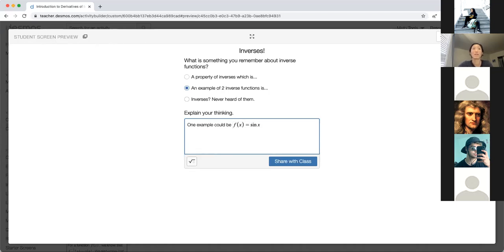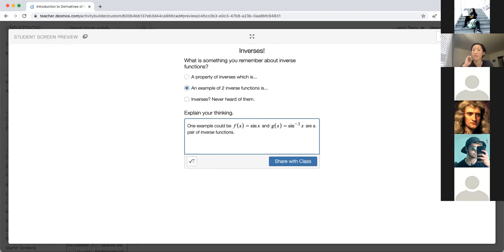That's one function, right? And g of x equals sine to the -1 of x, a pair of inverse functions. I agree with that.